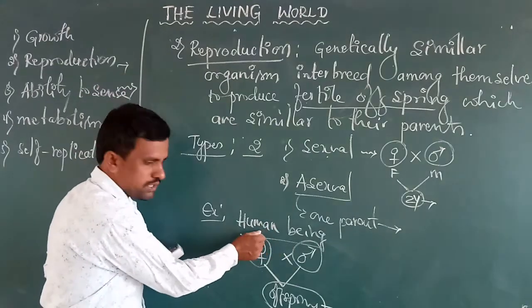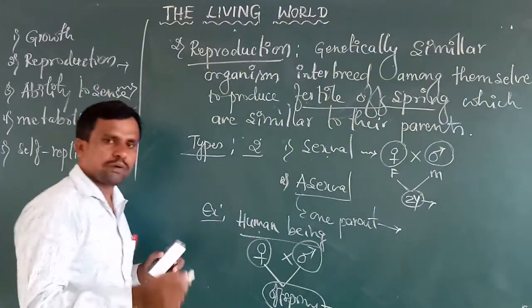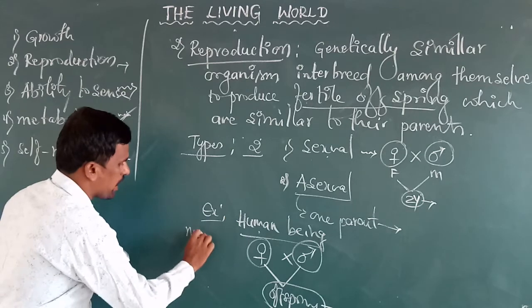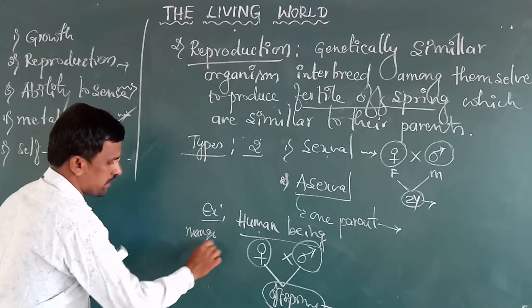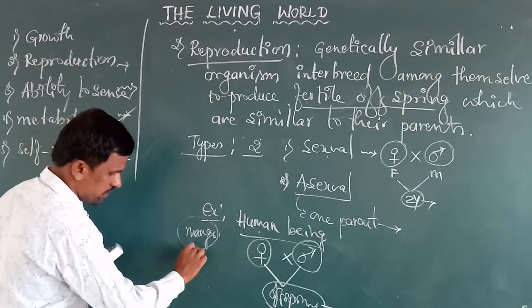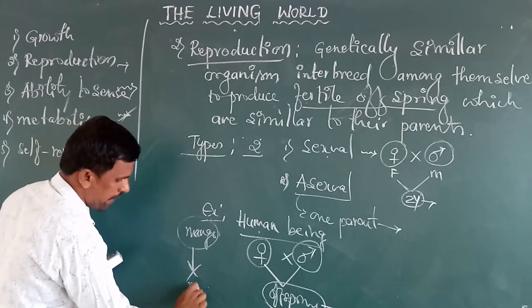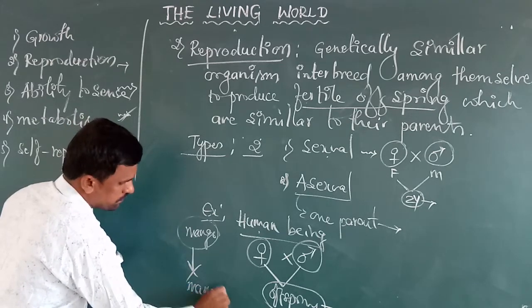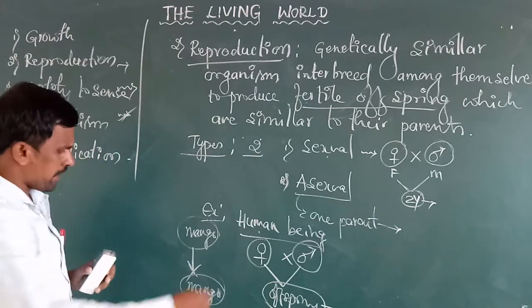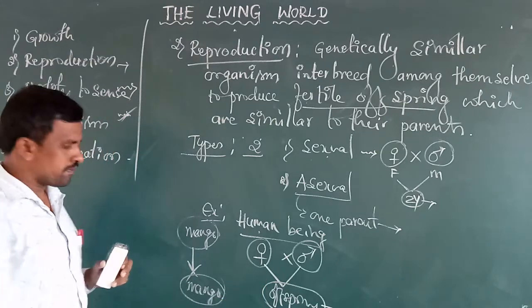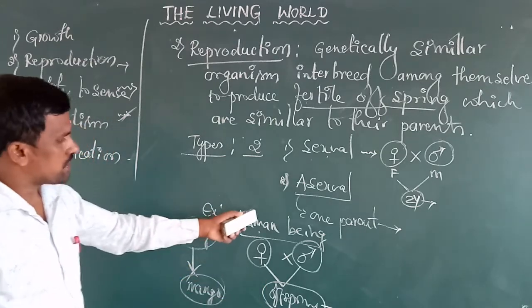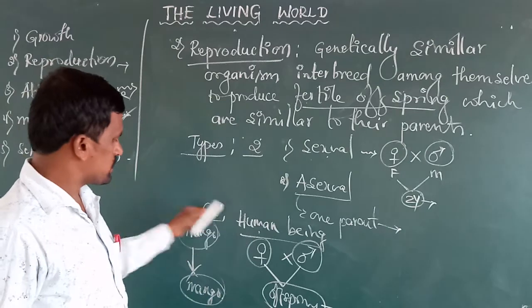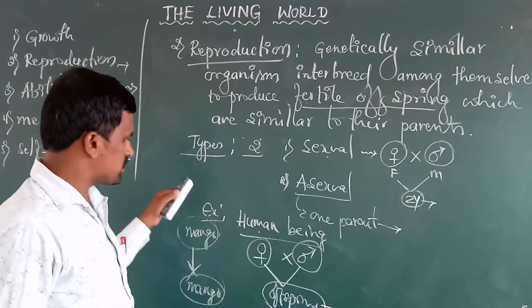So humans produce humans. For example, a mango plant produces mango seedlings or small mango plants. So sexual reproduction takes place in living organisms.